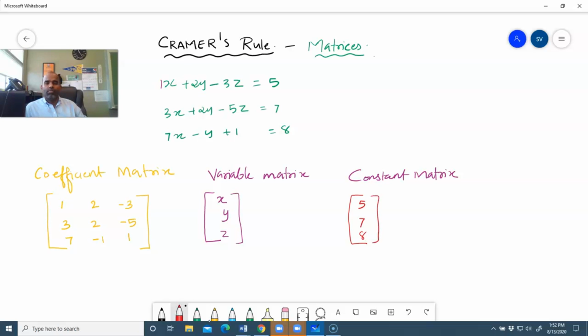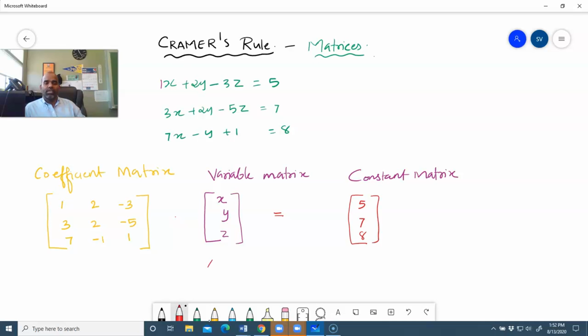So we will equate: the product of these two matrices we will write on the left side of the equal sign, and on the right side we will write the constants.